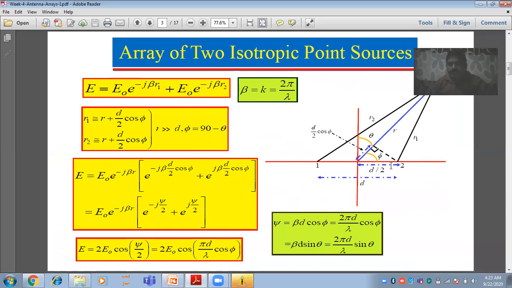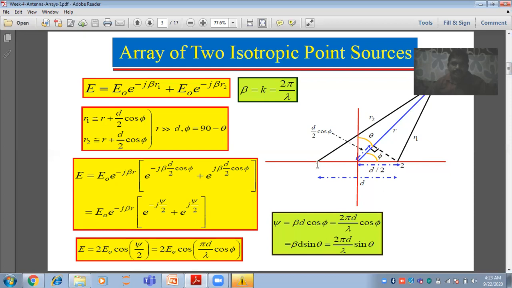And at a far off point, let us say this is the far off point, we are calculating the field due to these two antennas. Here, these two antennas are supposed to be isotropic radiators.